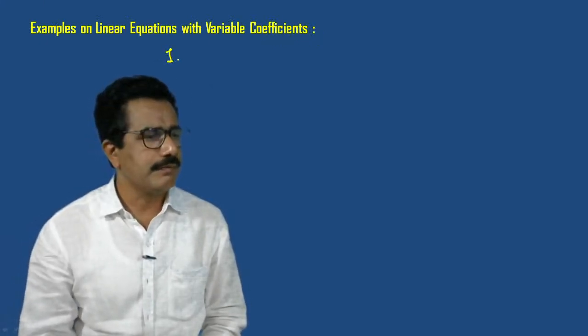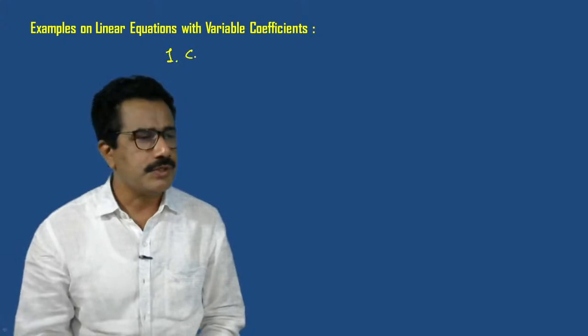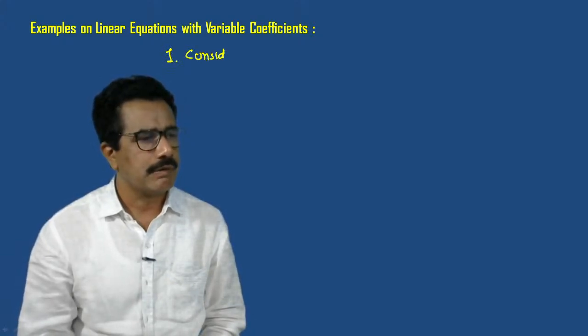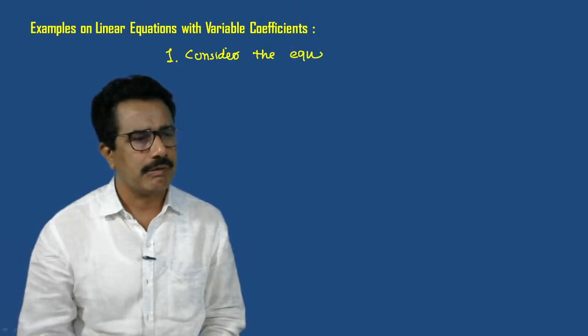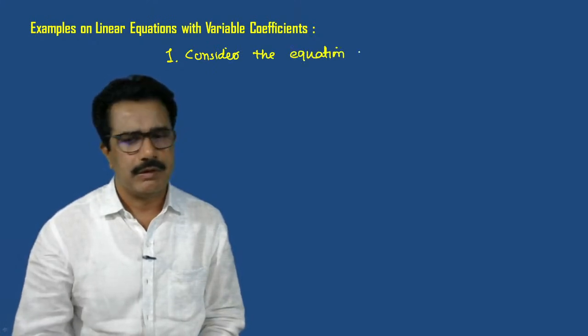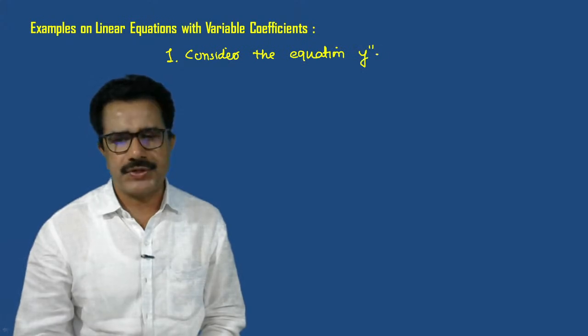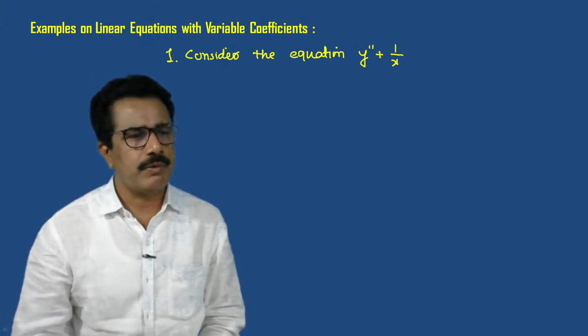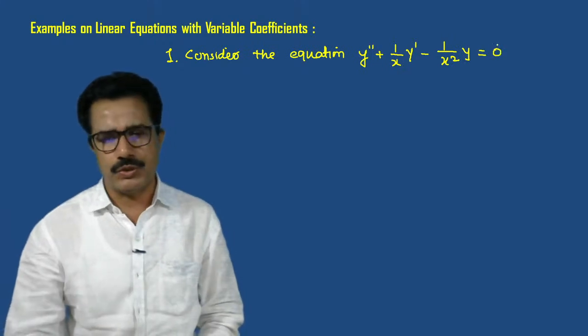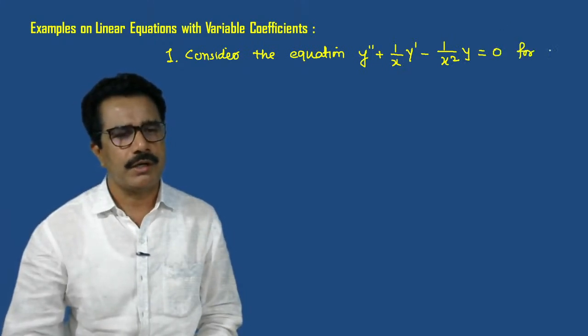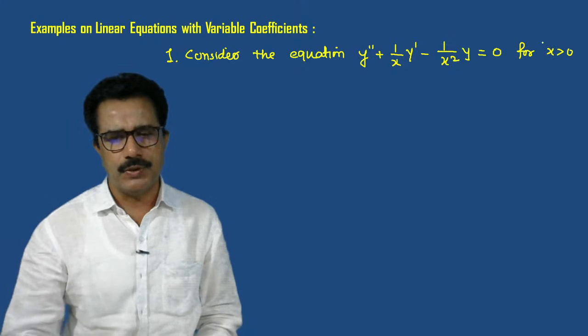Okay, now see this. First problem, consider the equation y double dash plus 1 upon x into y dash minus 1 upon x square into y is equal to 0, for x greater than 0.